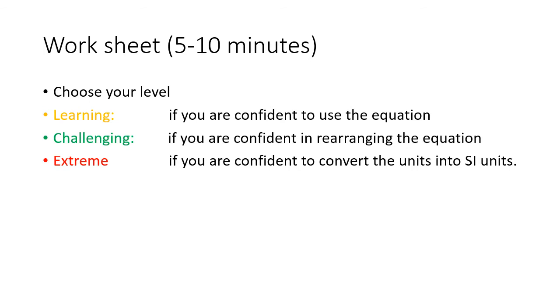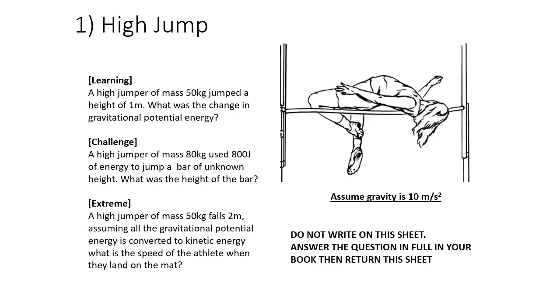You can start from learning and then go for the challenging and extreme parts. Pause this video, choose your challenge level, and then move on. We will mark the answers at the end.